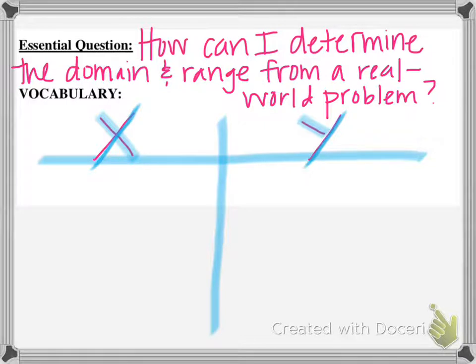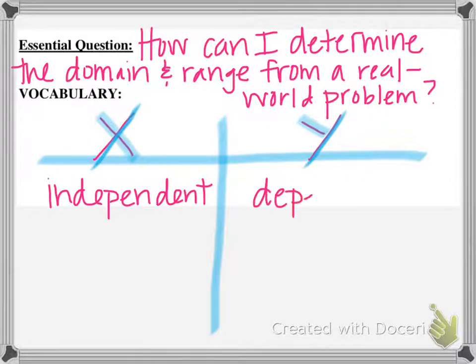Alright, so we want to remember what words are associated with X and what words are associated with Y. X, that is our independent variable, which means it helps determine the Y, or the output, because the Y is the dependent variable. It depends on the X. So the X determines the Y. The Y is nothing without the X.